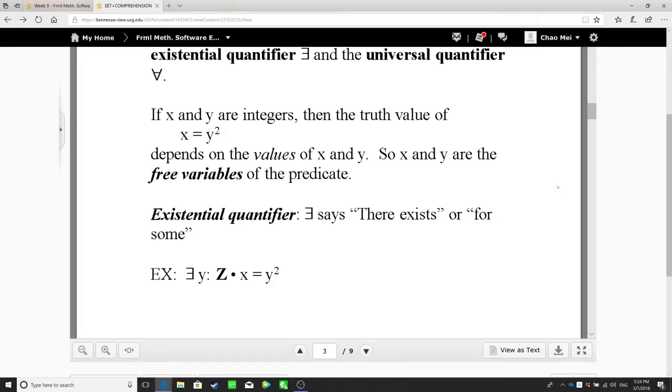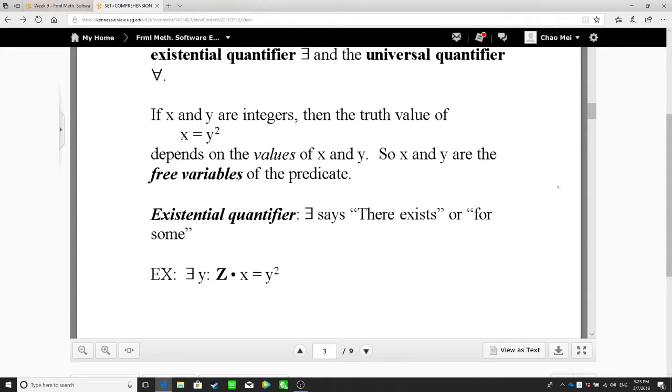Here it means there exists a y, one or more, but such a y exists. For some y, which is an integer, we have an x that is y squared.